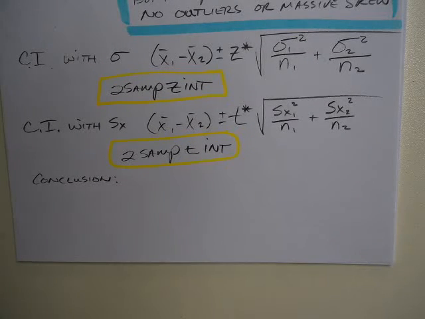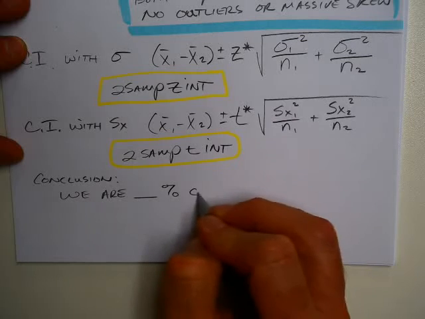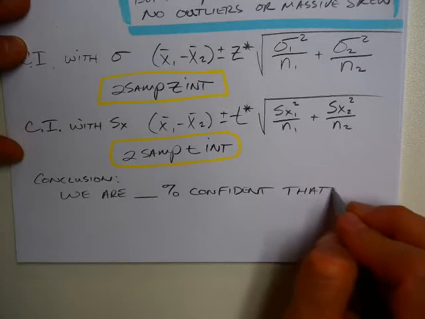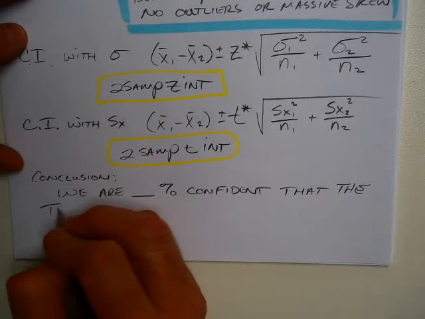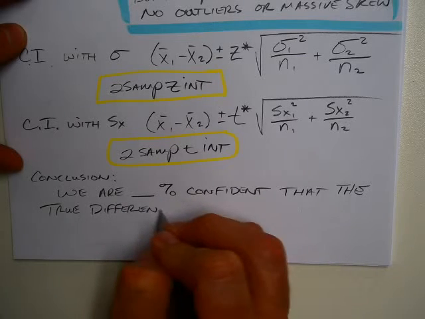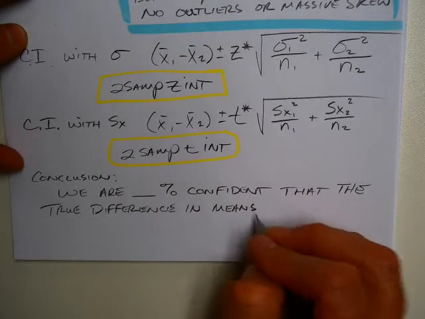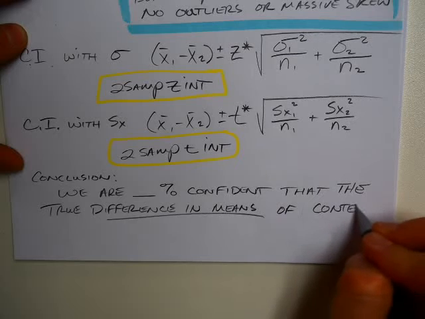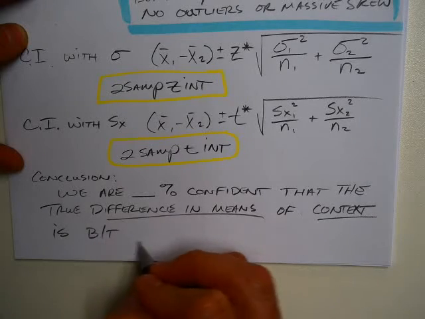We are some percent confident that the true difference in means of, and you want to get some context in there, is between blank and blank.